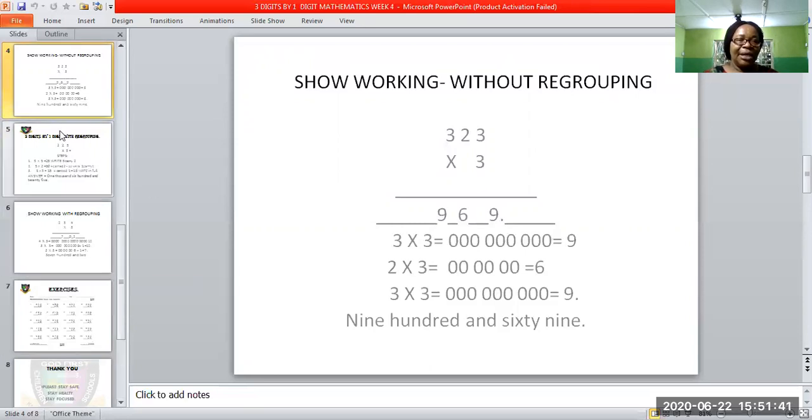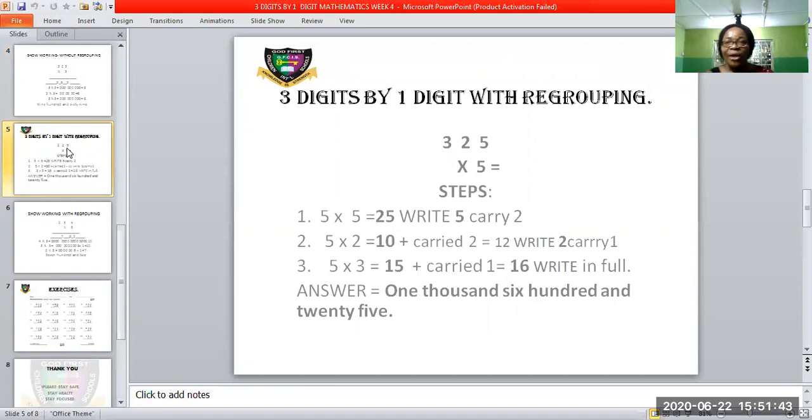Very good. Now let's move on to with regrouping. With regrouping means you must carry, you must rename. Therefore, we have 5 times 5, 25. Write 5, carry 2. 5 times 2 is 10, plus the carry 2 is 12. Write down 2, okay?